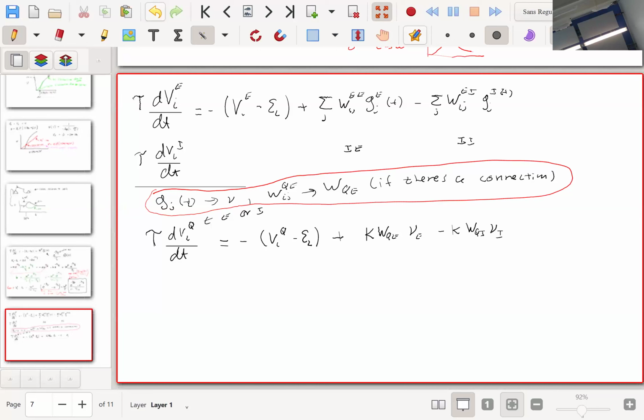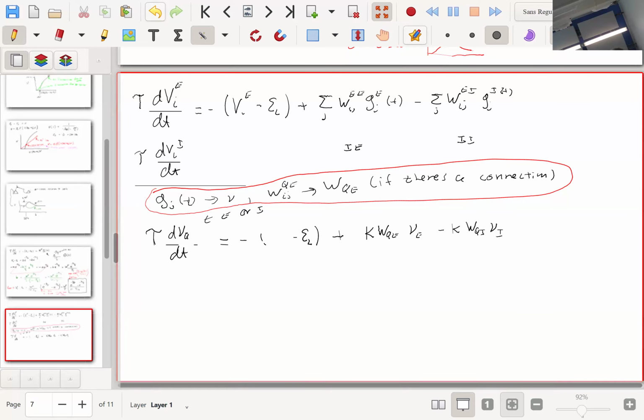Okay. And now the other thing we can do is, since all neurons have the same firing rate, we can just drop the subscript i. So this really just becomes the firing rate of the whole population, all the excitatory, all the inhibitory cells.